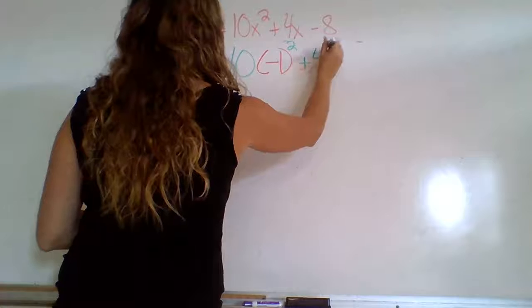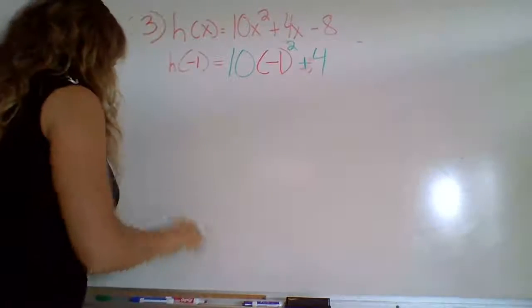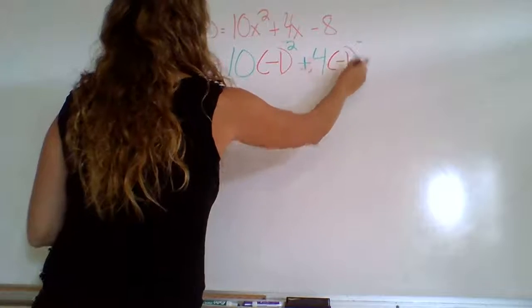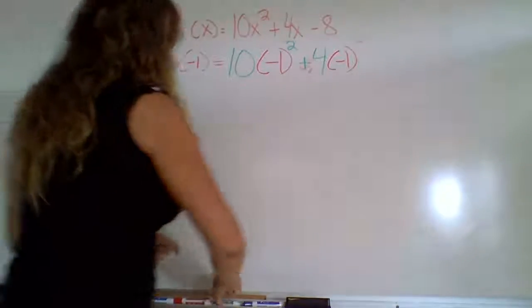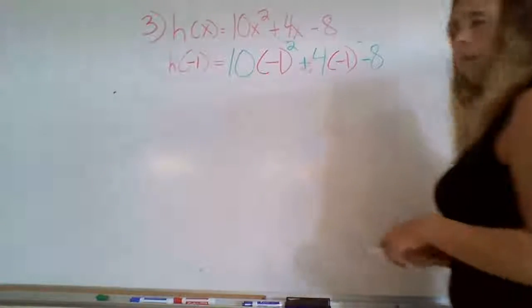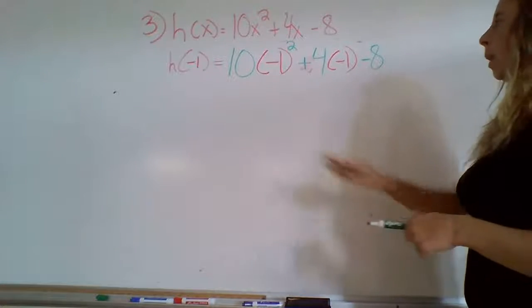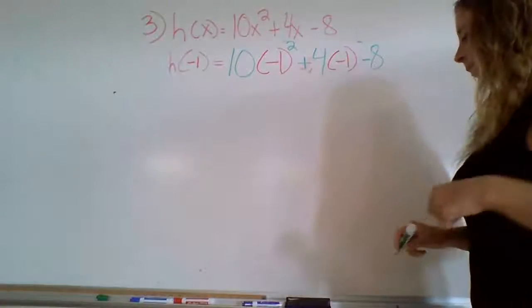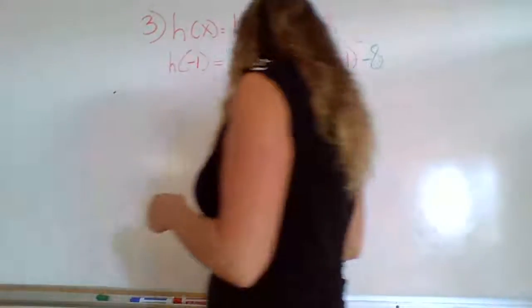Plus 4x. So substitute in your negative 1. And then you just have minus 8. Okay? So I just made all my x values red. All right. So then just keep going.